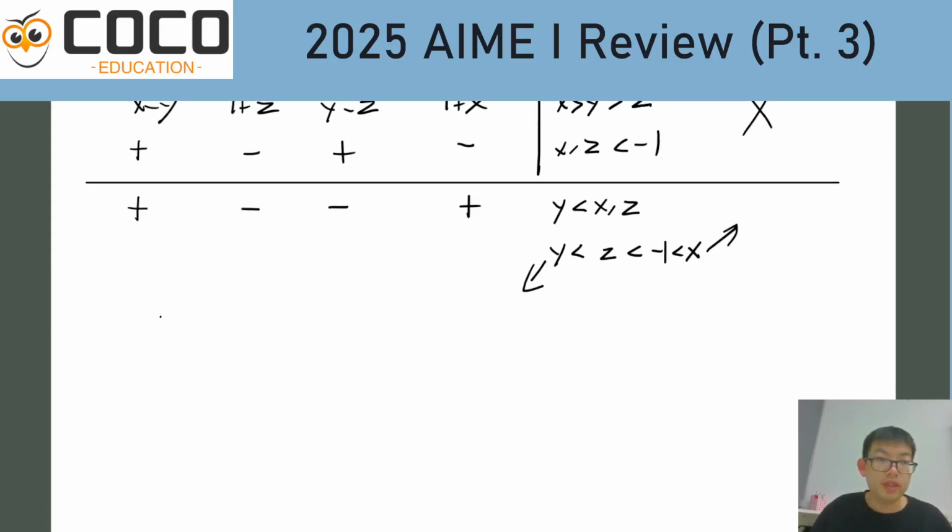Okay, let's go for minus, plus, plus, minus. This is essentially the reverse of the previous one. Now instead, y is the biggest.